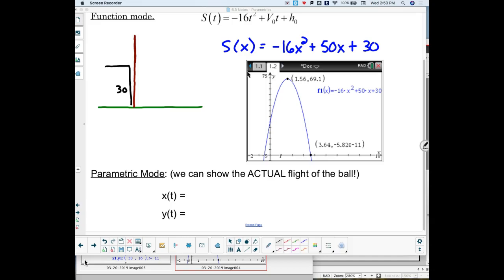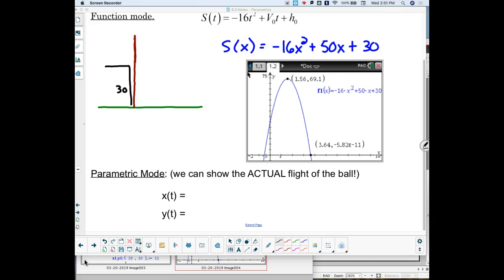Now, when I throw the ball vertically, I'm going to throw this ball up vertically. What is the horizontal movement of it, because X is horizontal, remember? What do you mean? It's not moving horizontally at all, right?